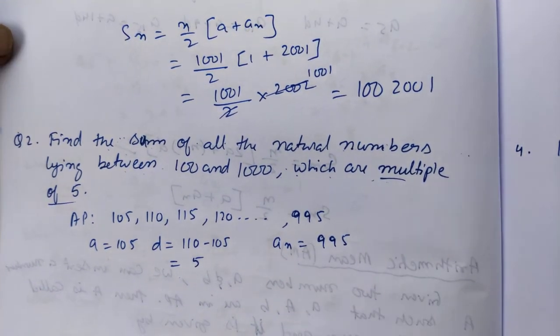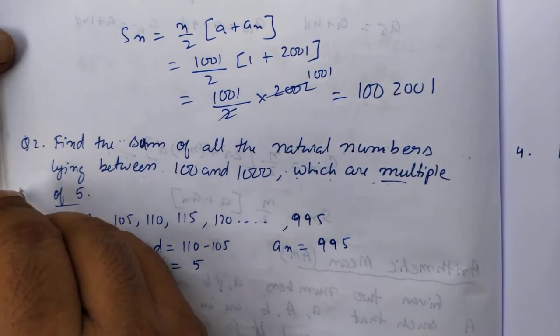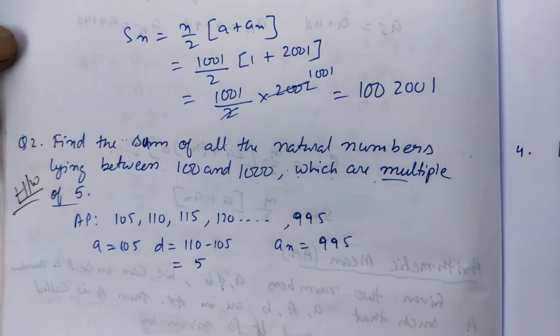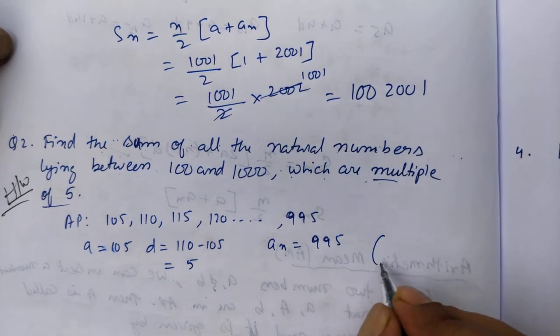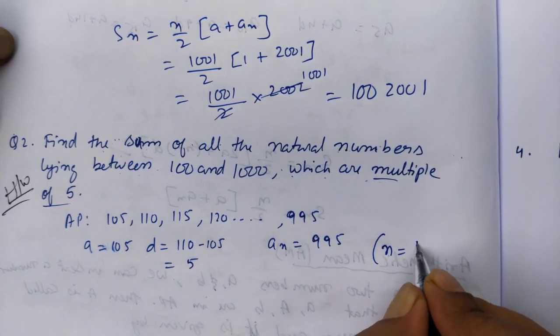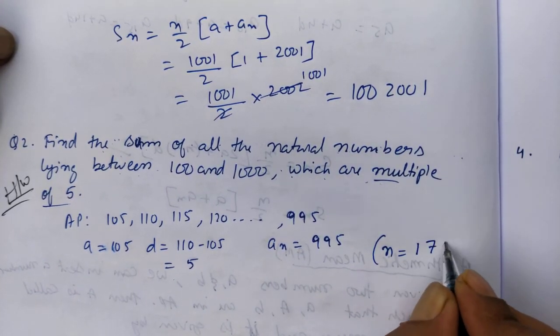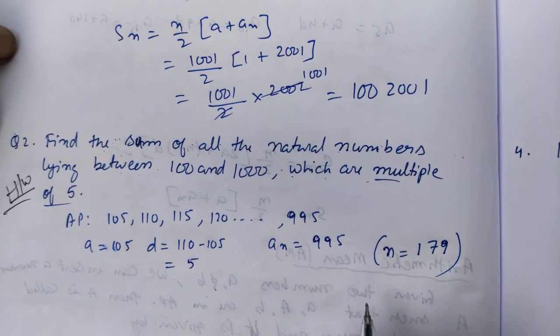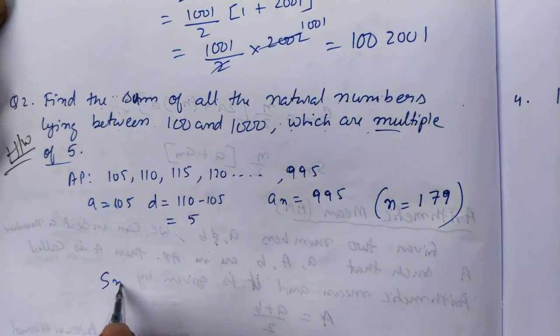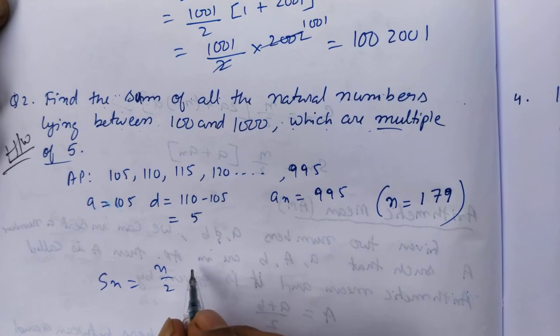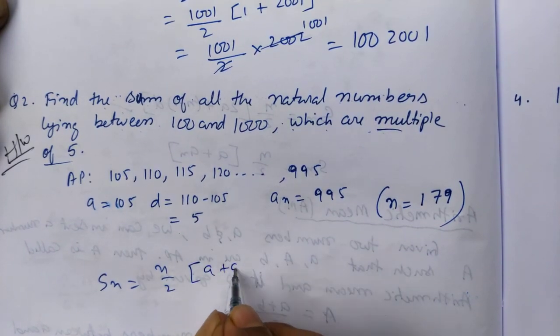First find n. This will be your homework, okay. First find n. You'll get n as 179. Then after that you'll find Sn using the formula n by 2 into (a plus an).